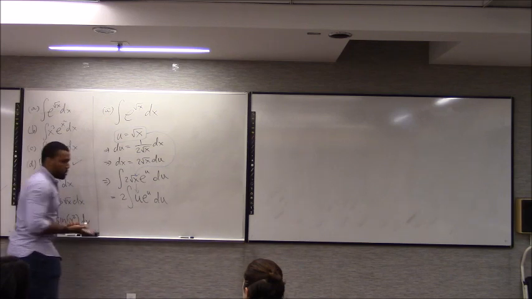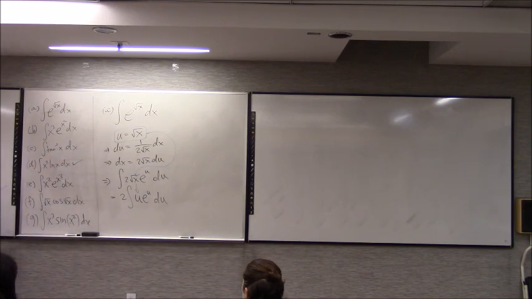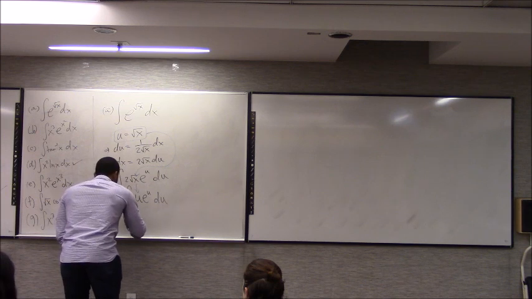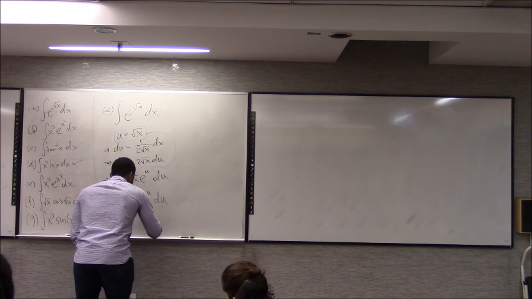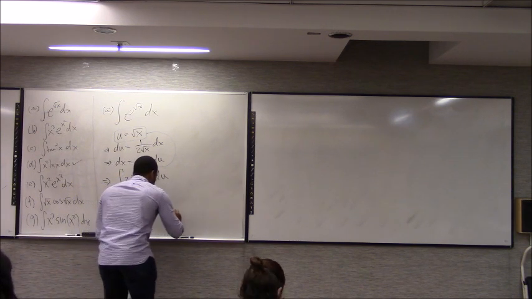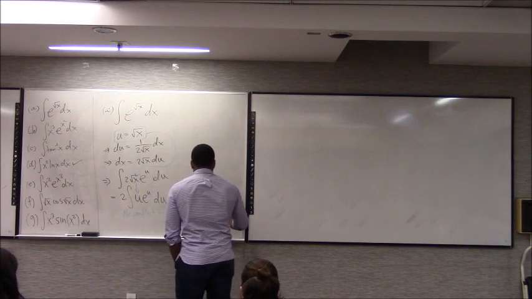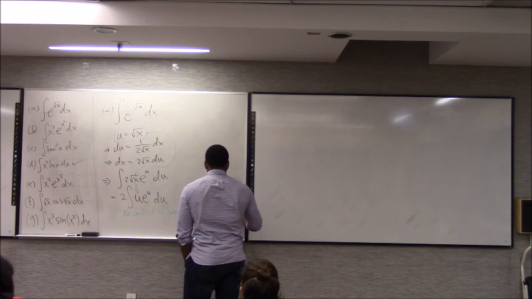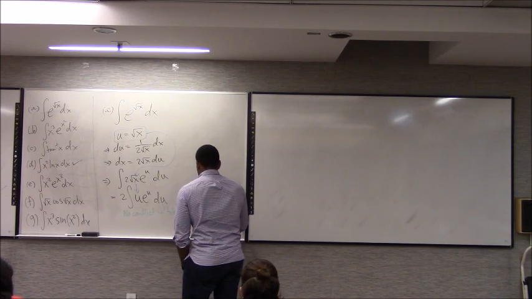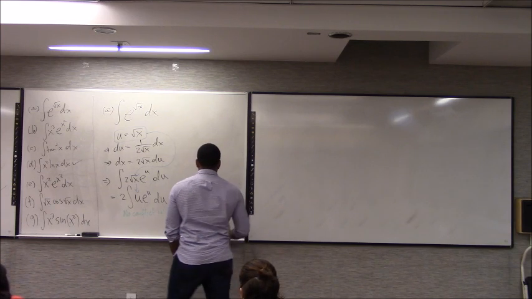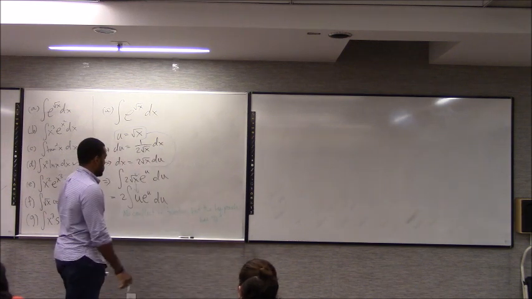If you're doing tabular, there is no problem, no conflict. But the by parts formula has a u in it, so there is some cause for confusion.